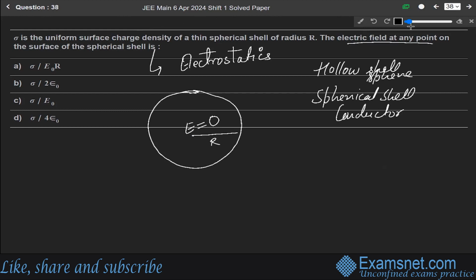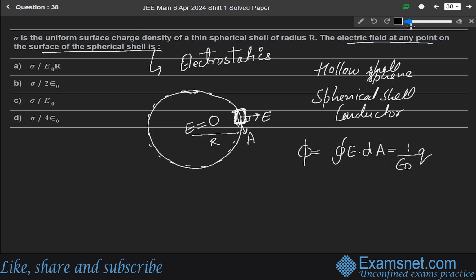So we need the electric field at any point on the surface of this spherical shell. Inside the electric field is zero, so we have to find it at a point on the surface. Let us say this is the Gaussian surface and this is a small element of area dA, where we have to find the electric field E. Using Gauss law, flux phi is the integration of E dot dA, equal to 1 over epsilon naught times the total charge enclosed by the surface.